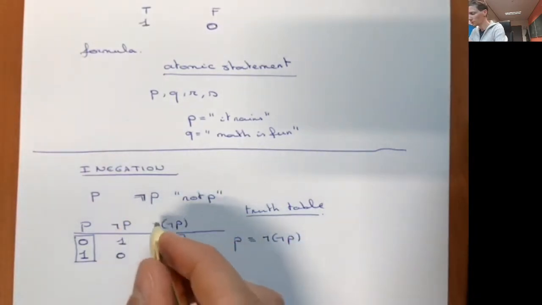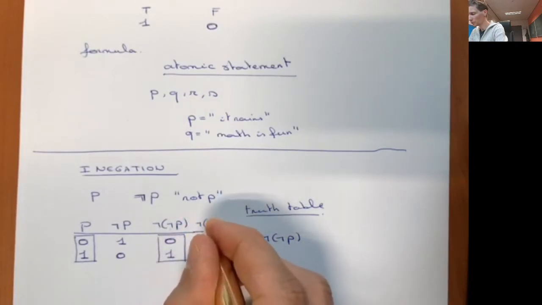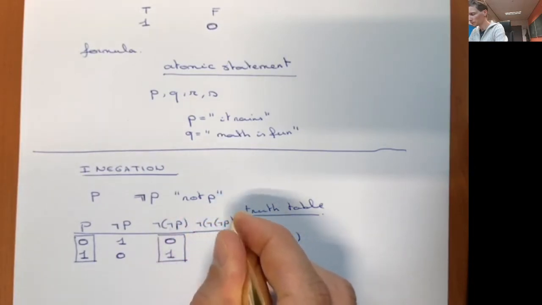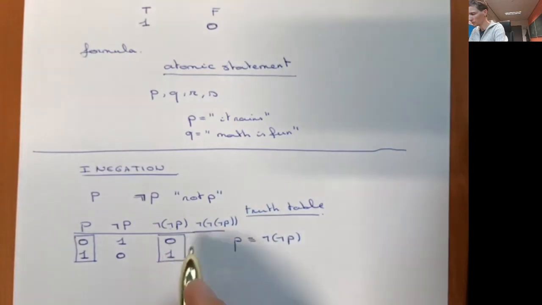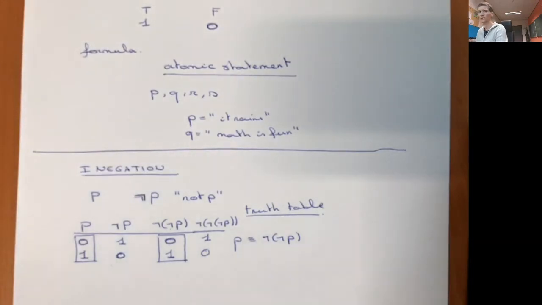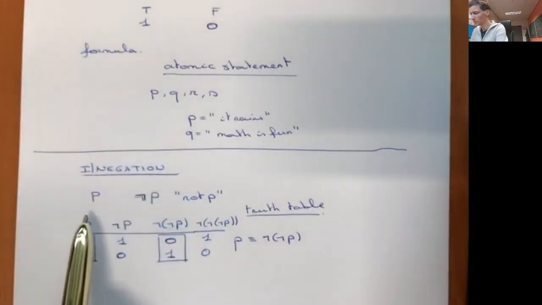And of course, if you can double negate the formula, you can also triple negate the formula. And if you do this, you have to negate this formula here. You get 0, 1, and you get just the negation of P, right? So every even number of negations you can cancel out. Okay, so this is the first way how to take a formula and turn it into a new formula.